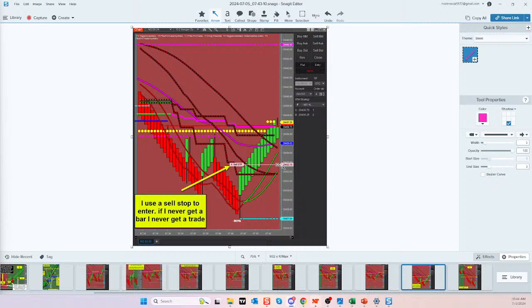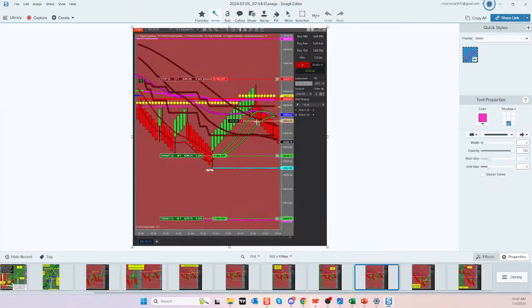So what a stop order says is that if the market goes down and creates a reversal bar, it'll put me in a trade, guys. Even though I want to go short, I'm not arbitrarily going short from up here. I'm forcing a reversal bar to get me in. That's it. And then if I get that reversal bar, well, then I'm in the trade.